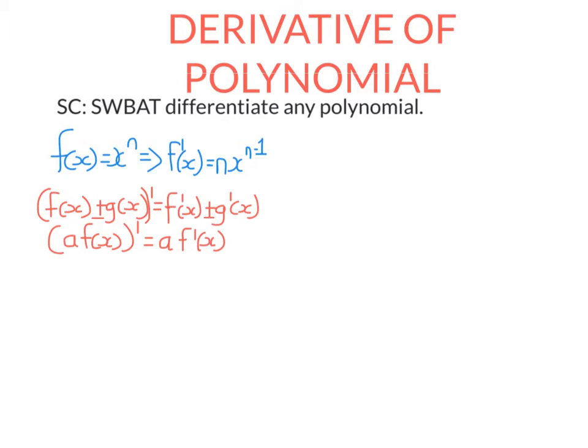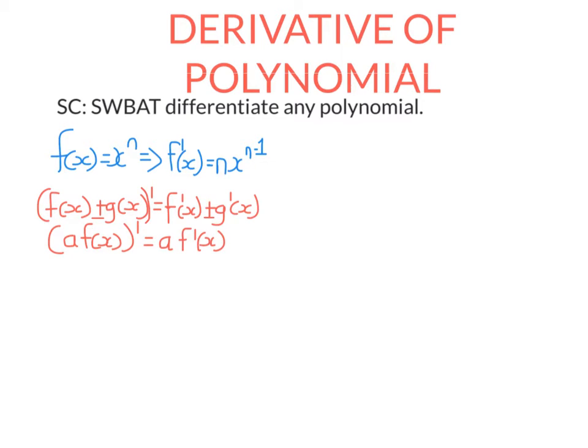So to differentiate a polynomial, we need to use these two rules as well. This first rule says that the derivative of the sums is the sum of the derivatives, and a similar rule for minusing. What that means is, if you have two functions added together and you want to differentiate it, you just differentiate the first, differentiate the second, and add them together.